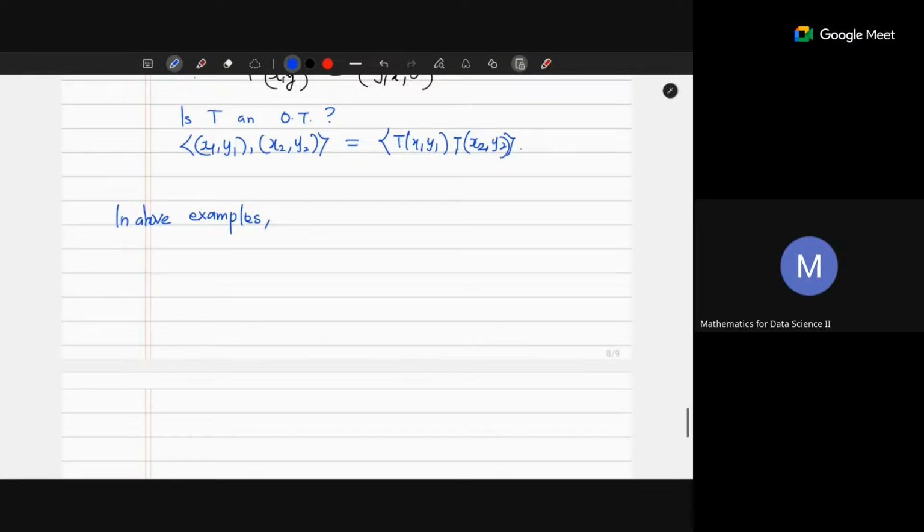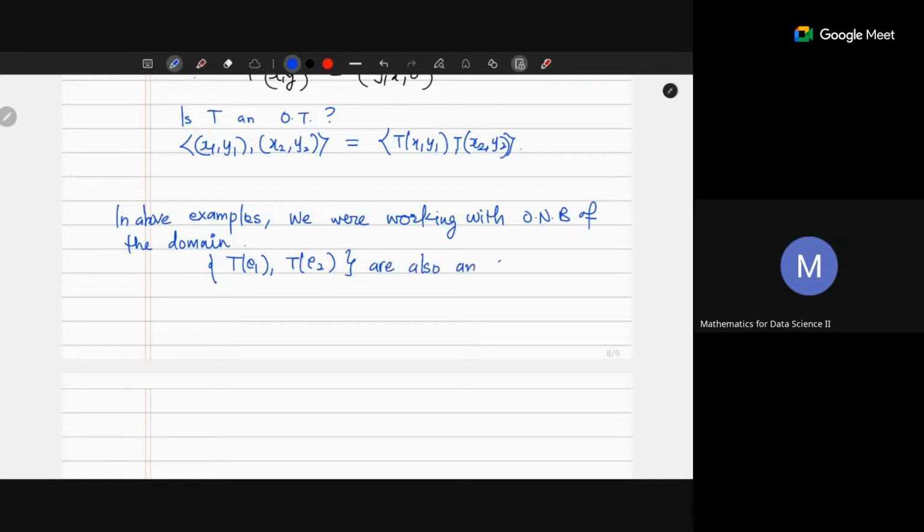We were working with the orthonormal basis of the domain. So their images, which were T of E1, T of E2, are also an orthonormal subset of the codomain.